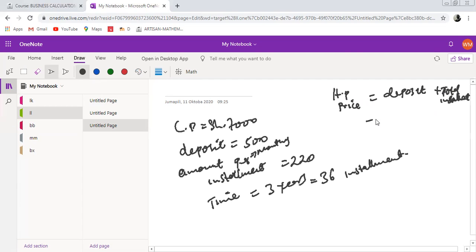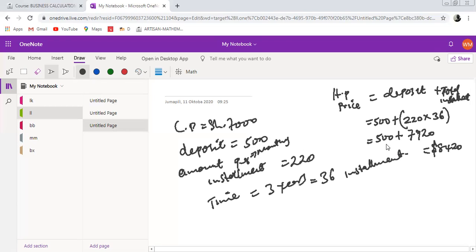In this case, the deposit was 500, plus the total installment, which is the amount per installment, 220, times the number of installments, 36. So it is going to be 500 plus 7920. So Alex will pay a total of 8420 pounds. That is the case for part one.